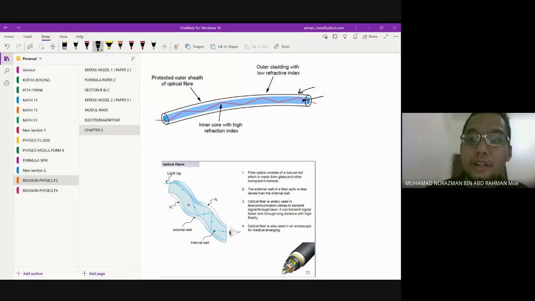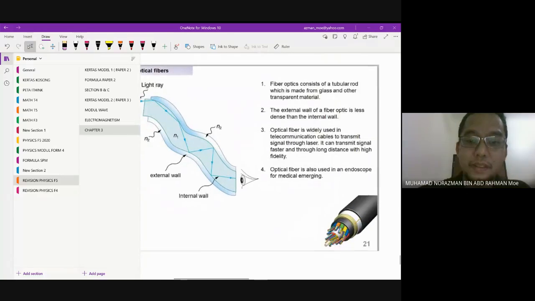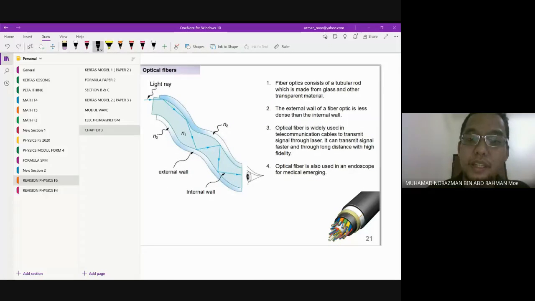So core ni optically denser. Dalam explanation nanti mesti cakap yang inner core ni is denser daripada outer core.